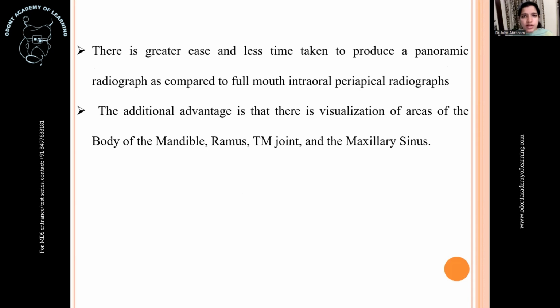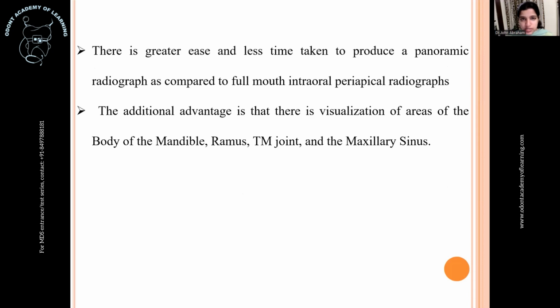So what is the advantage of panoramic radiography over conventional intraoral periapical radiographs? It has greater ease of technique and less time taken to produce panoramic radiographs. In addition, there's an advantage of visualization of the areas of the body of the mandible, ramus, TM joints, and maxillary sinus.